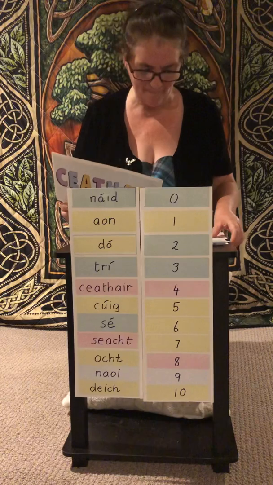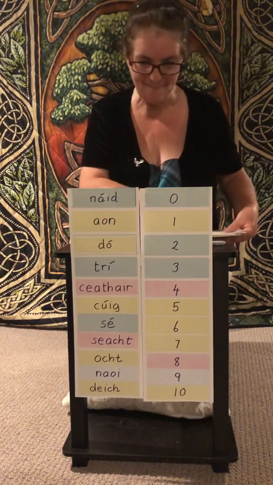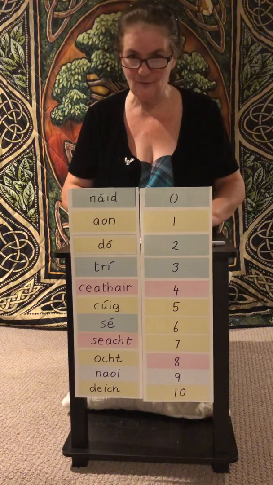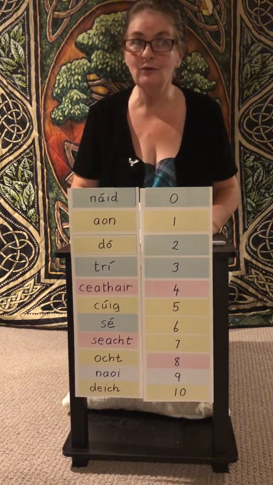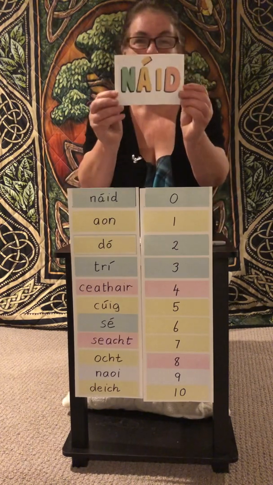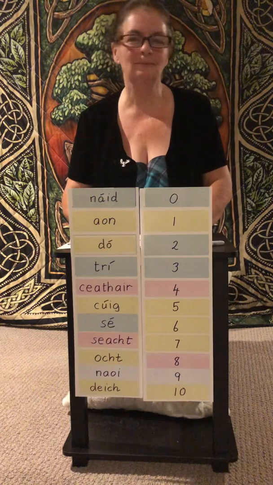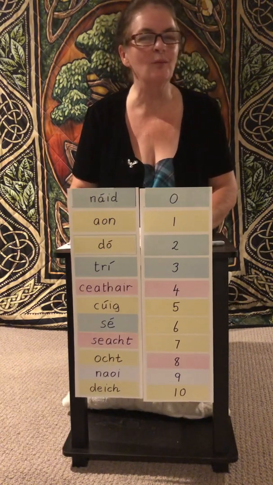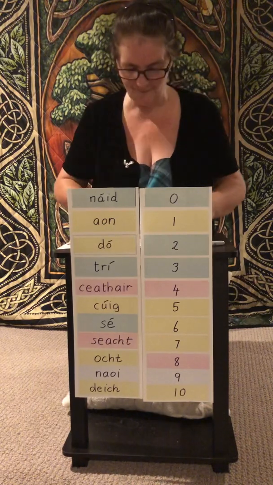Can we remember them? The challenge. 0. Noige. 1 is a gain of 1 more without the G. An.